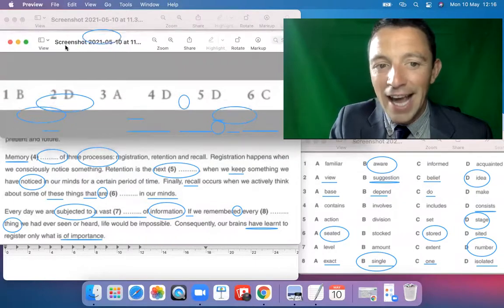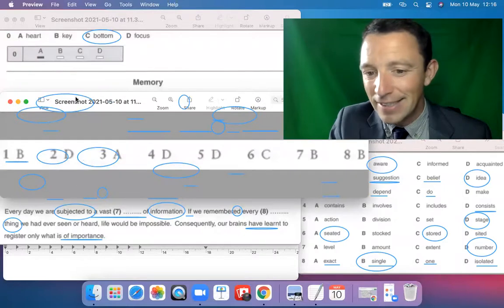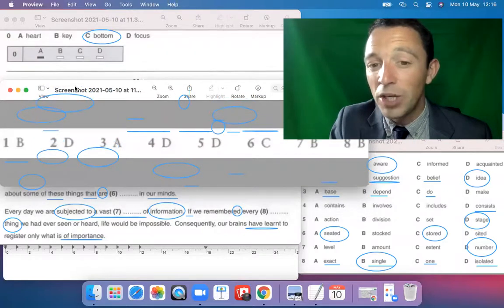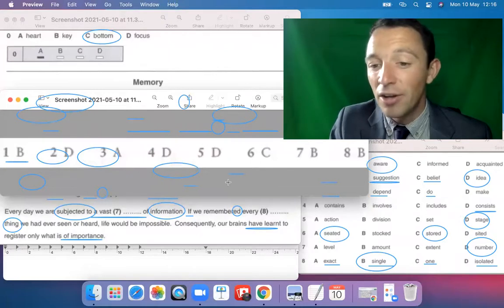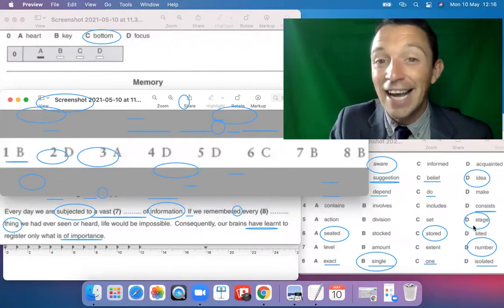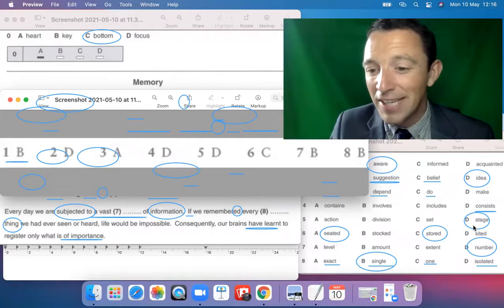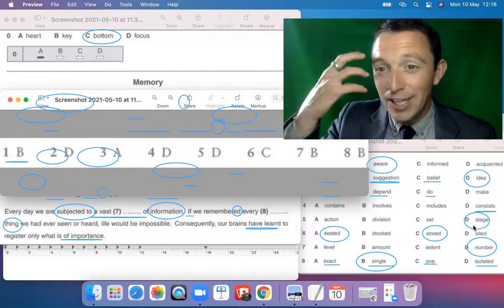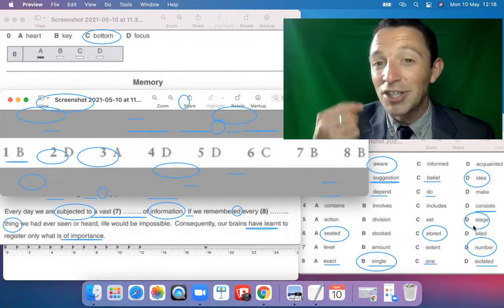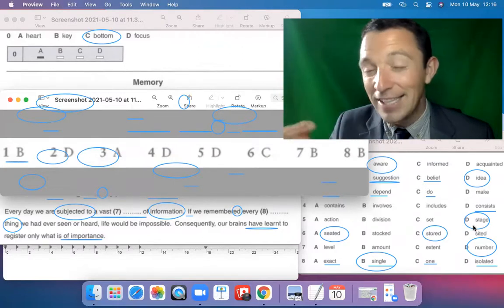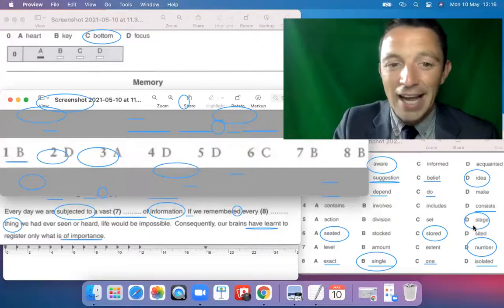Number 3 is A, which is base on which to base. Number 4 is D, which is consist of. Number 5 is D, this next stage in the process. Number 6 is C, stored. The information is stored in your mind. And number 7 is B, a large amount of information. And number 8 is B, every single day and every single person.